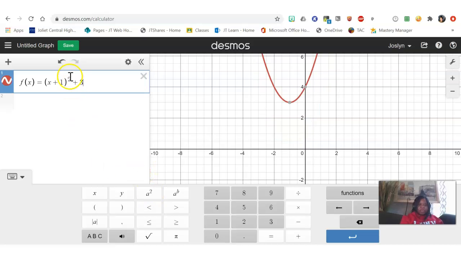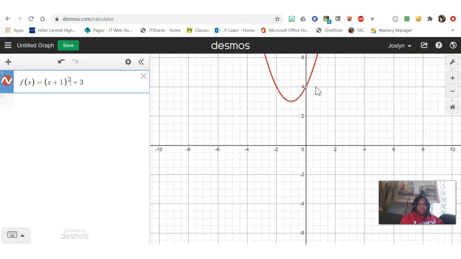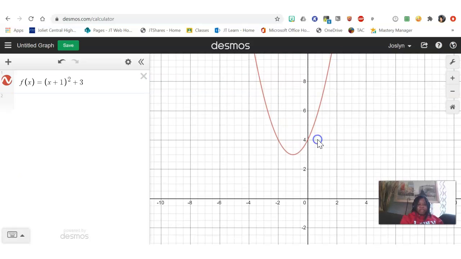Or for that exponent of 2, what we could have done is used our caret key, and it would have taken us up to our exponent range, and we could have typed in our 2. Nevertheless, we have our equation graphed here. So this is a graph of our equation.